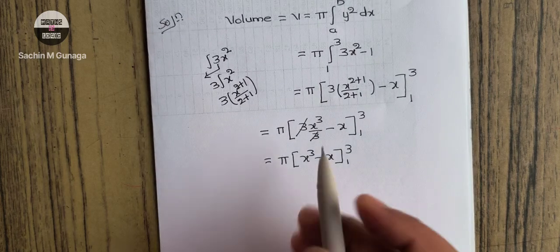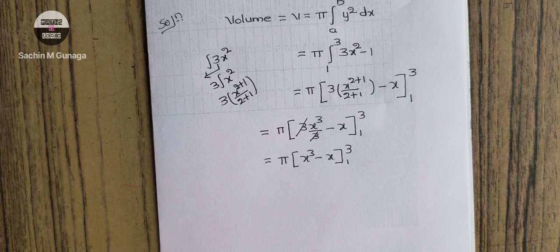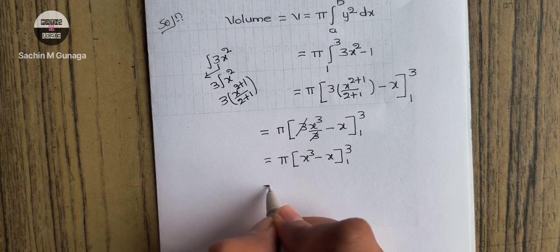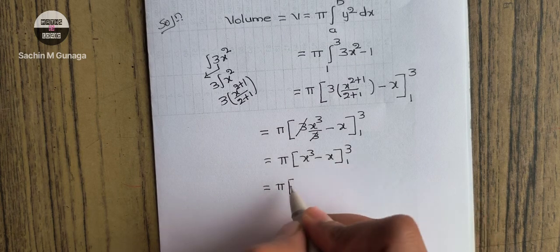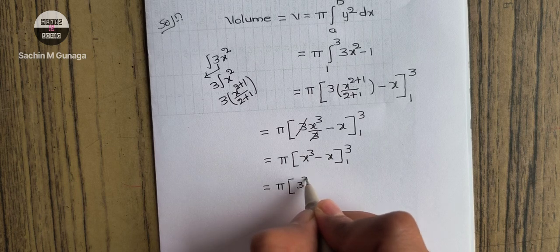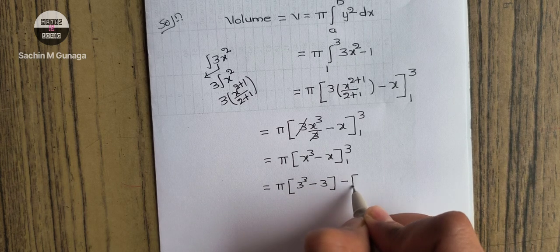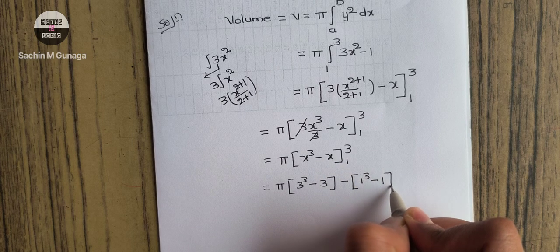Next, in place of x, first substitute the upper limit, middle minus sign. Next, in place of x, substitute the lower limit. Therefore, it is equal to pi into bracket, upper limit is 3. So 3 to the power 3 minus 3, upper limit minus lower limit 1 to the power 3 minus 1.